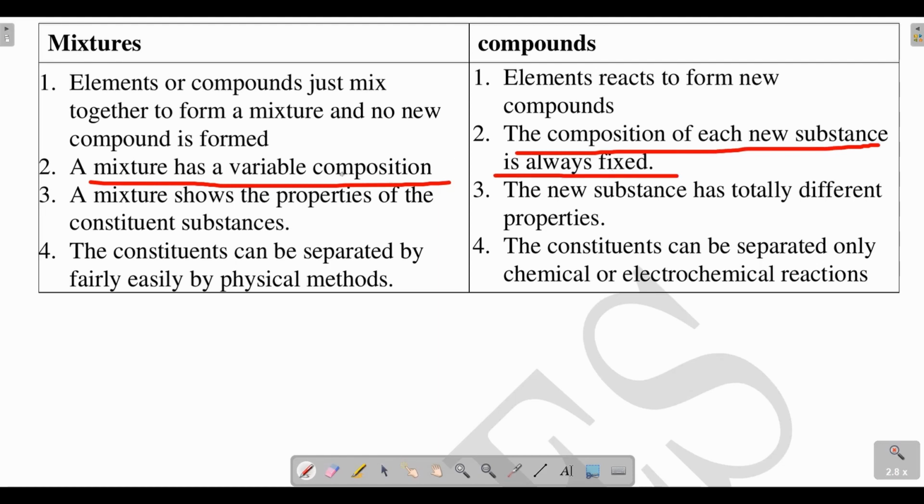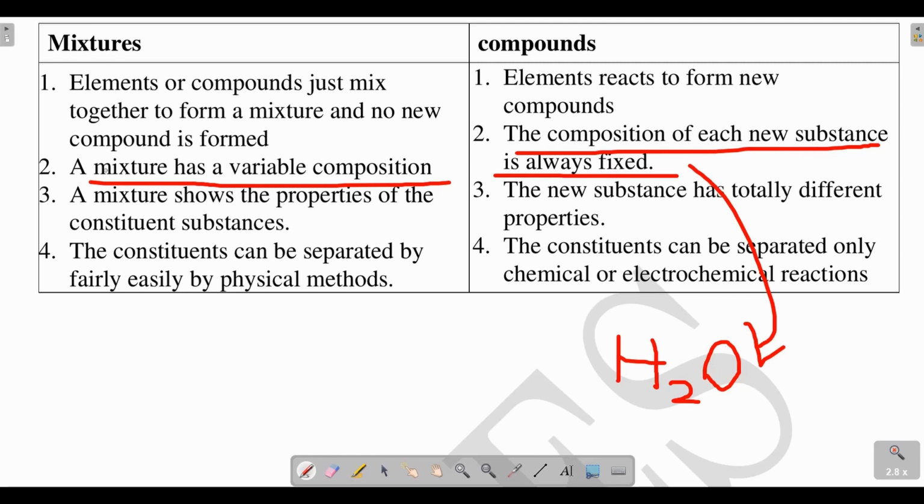For example, in the case of water, I already explained at the beginning of the class that the chemical ratio of hydrogen and oxygen in water will be H2O. That means 2:1. This composition is fixed irrespective of the source of the water you take.